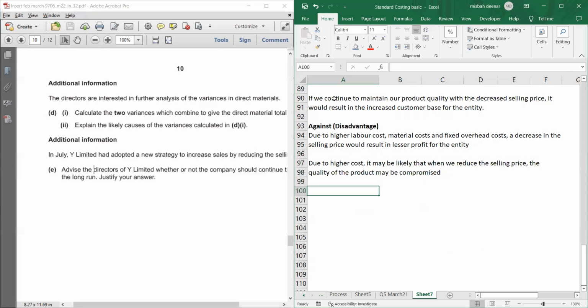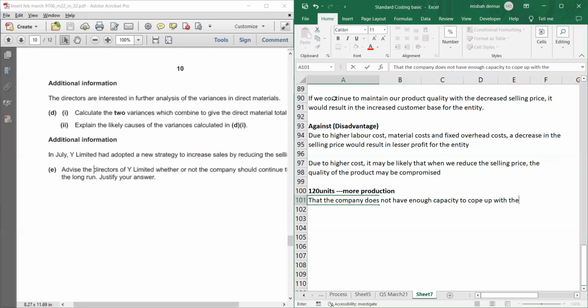Then we have seen that the units increased by 120 units. So this means more production. So there may be a disadvantage that the company does not have extra or enough capacity to cope with the increased production.